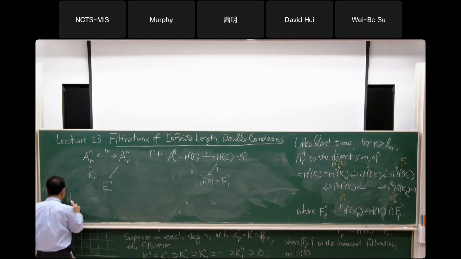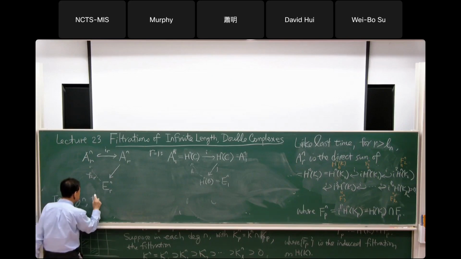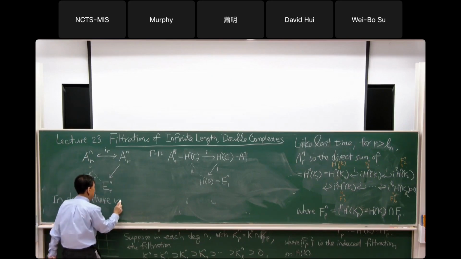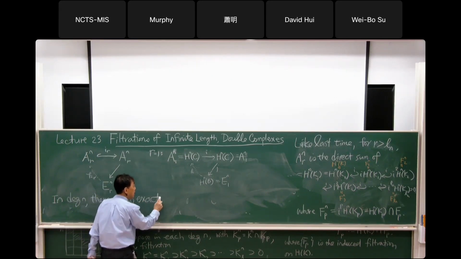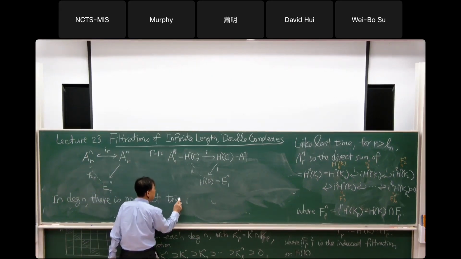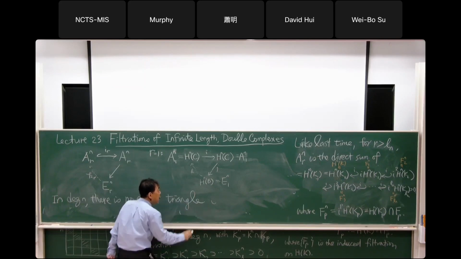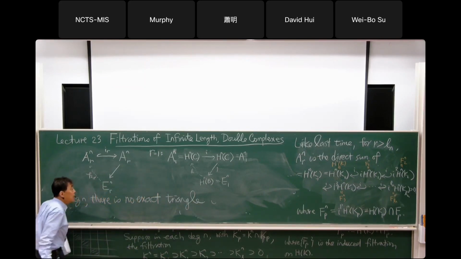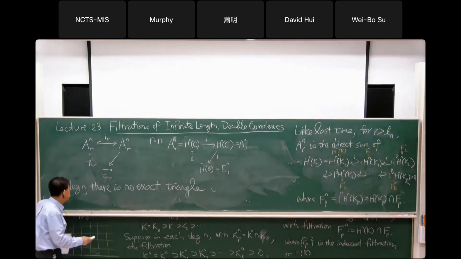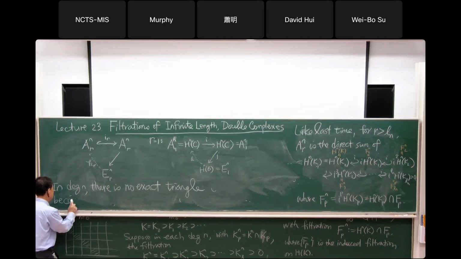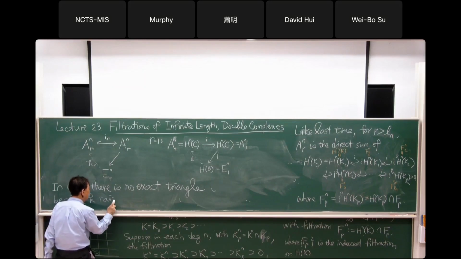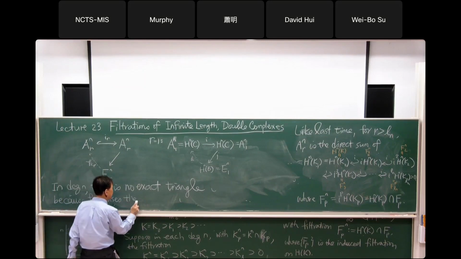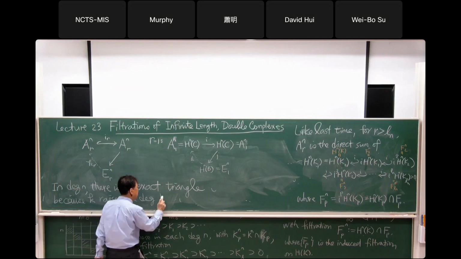So in degree n, there is no exact triangle, because K raises the degree by 1. Okay.